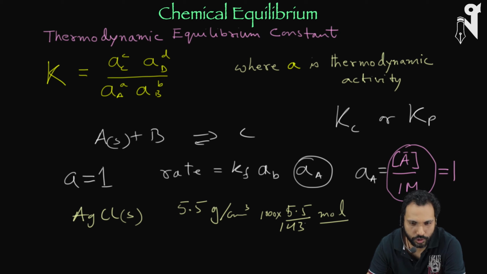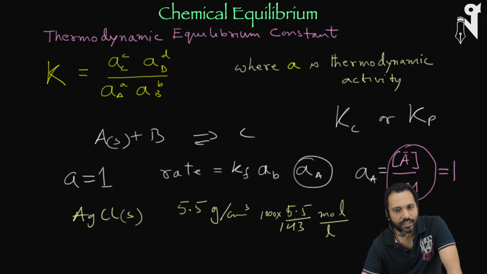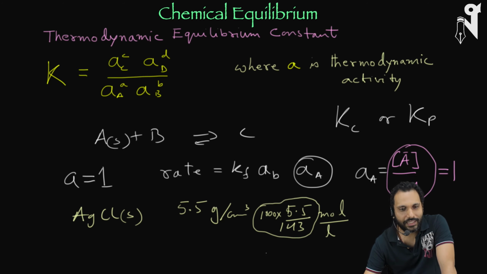So many moles per liter. So this is the concentration of AgCl solid. I'm just doing the math over here. The units of what we are doing also don't make sense. I'm just showing the math.